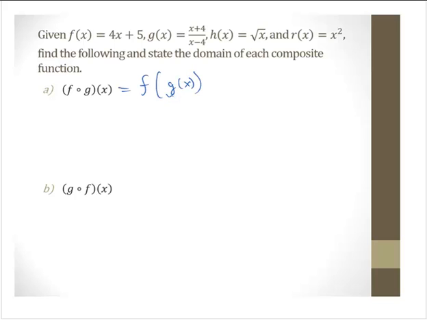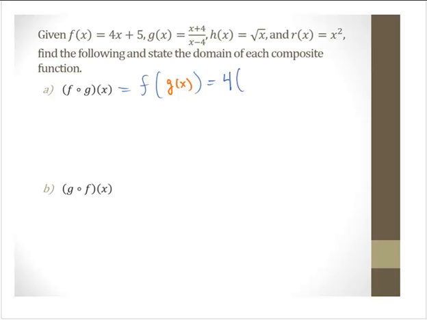Now, what is the g of x? g of x is, and let's use another color here, just to help us see this. Let me use orange. Now, g of x is x plus 4 over x minus 4. So then this becomes, now f of x is 4x plus 5. So I'm going to replace the x with g of x.